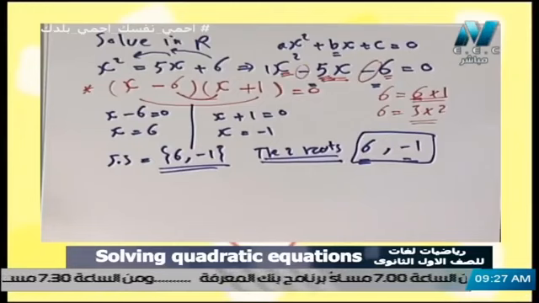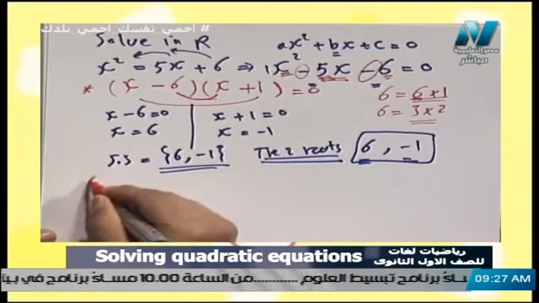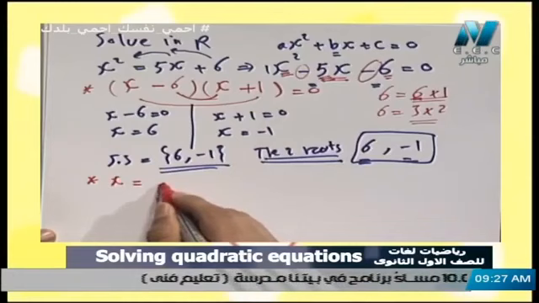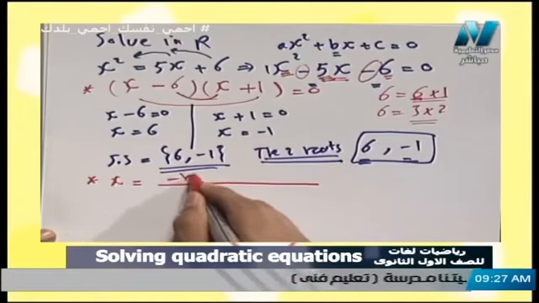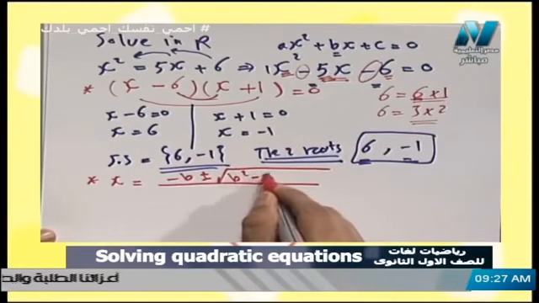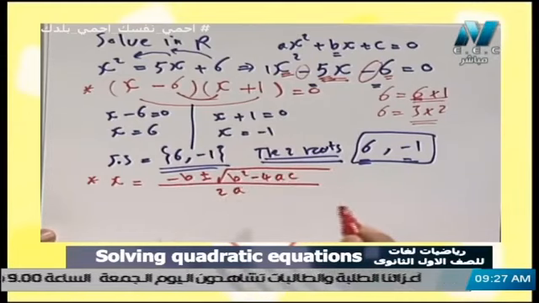We have the method of factorization, and now we use the second method, which is the general formula. As we know, x equals negative b, positive or negative, square root of b power 2 minus 4ac, over 2a.